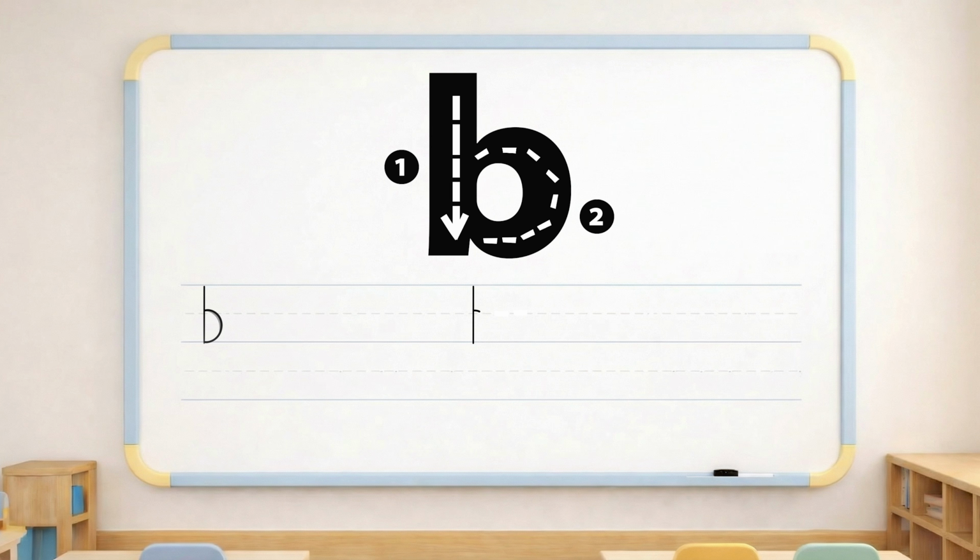Up. Make a little belly. Wow, you're amazing. Third time, down. Up. Around. You did it. That's the letter B. Let's say it together. B, B, B. Great work. See you next time.